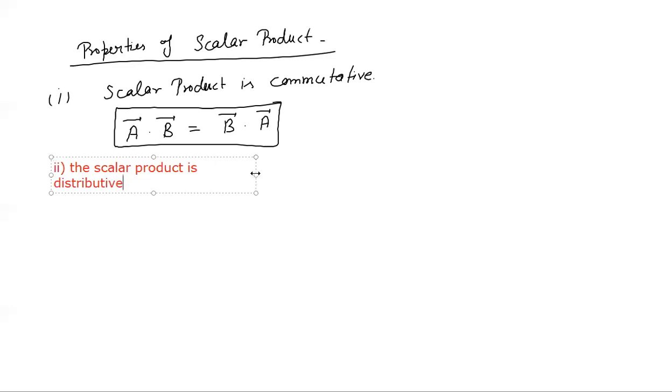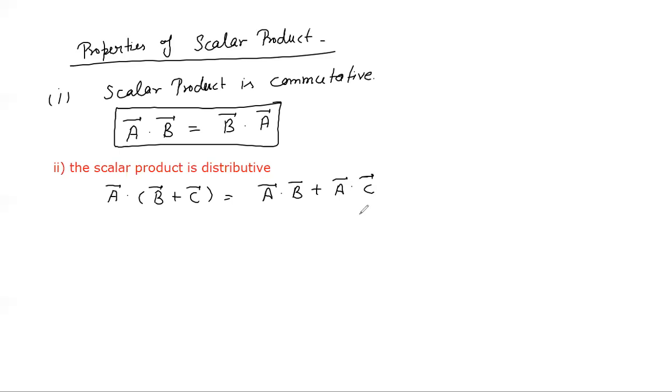What does it mean? Distributive property means if we write A dot (B plus C), then distributive means that we get A dot B plus A dot C. Okay, so distributive property is clear.